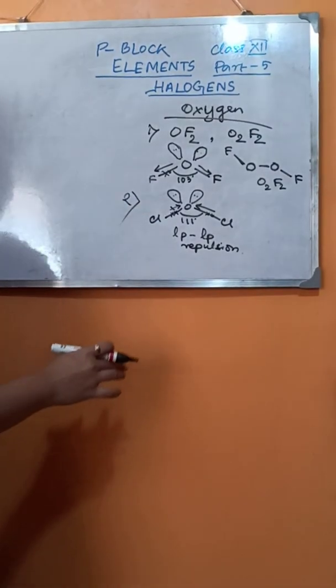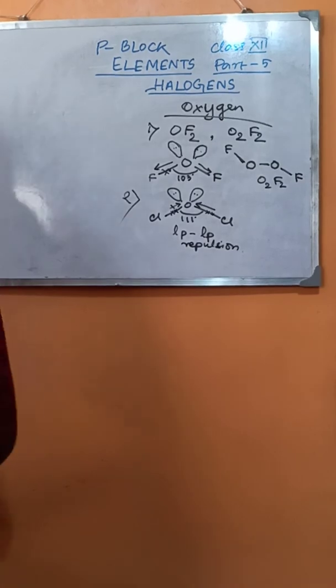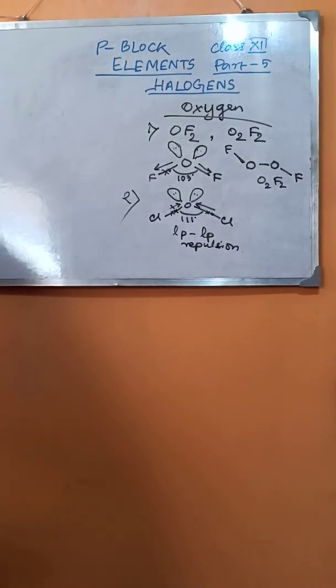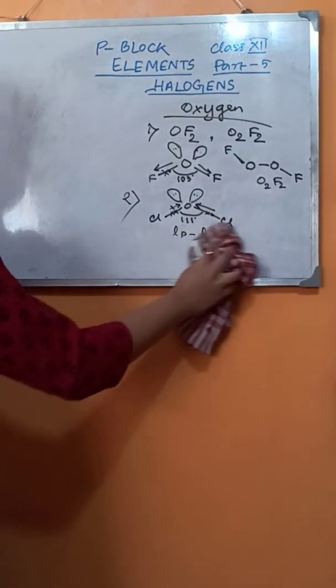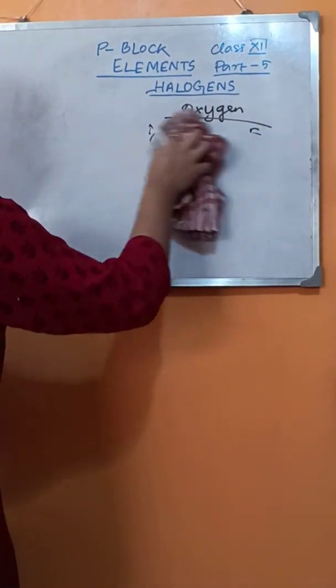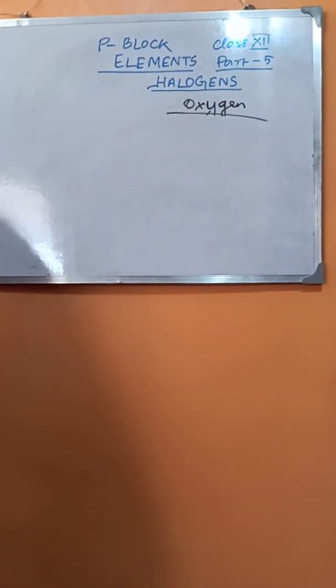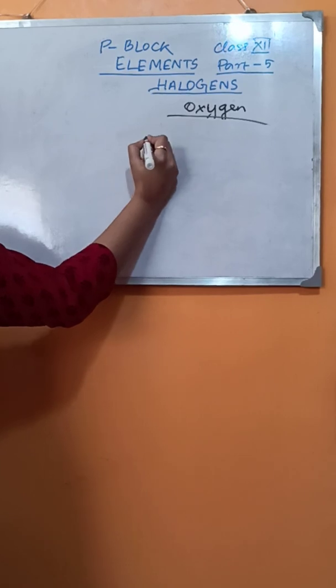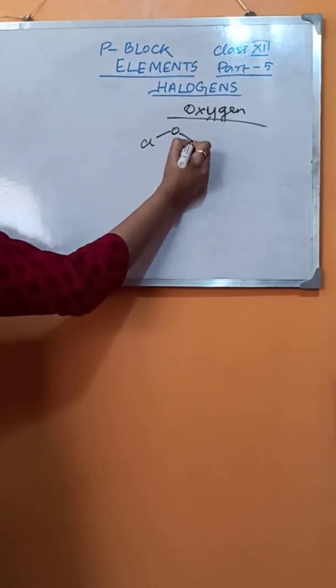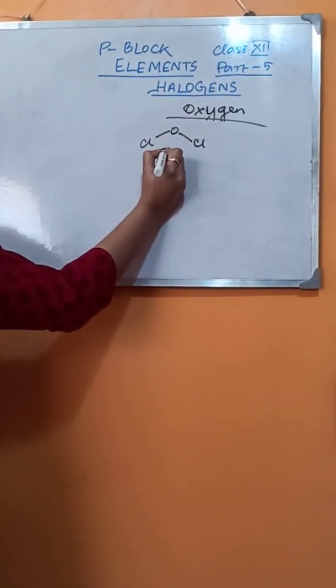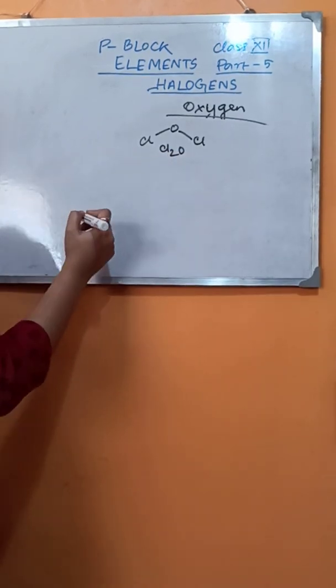Next I will come to the other structures of the other oxides of chlorine. This is Cl2O.